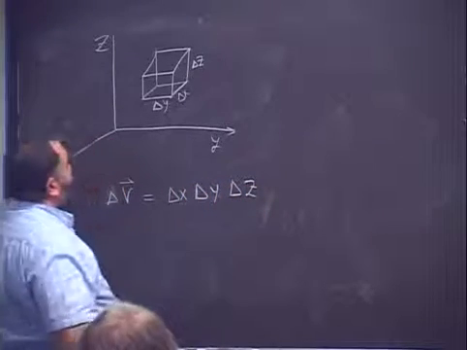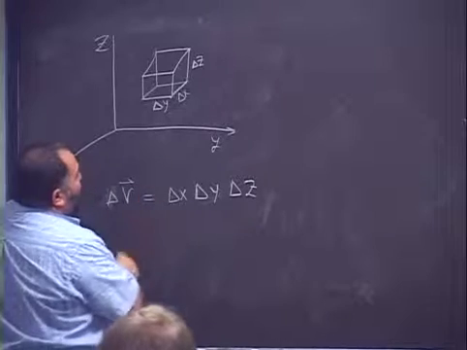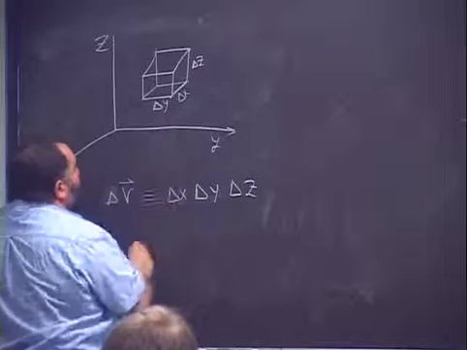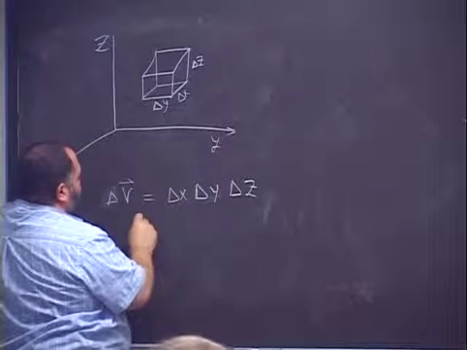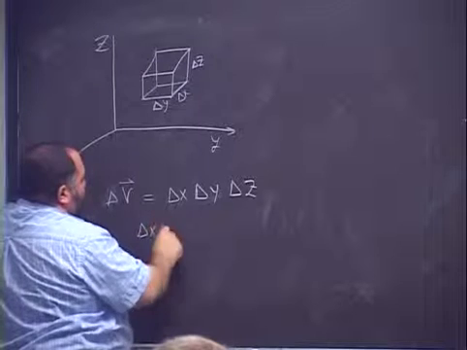If you want to get the unit volume and unit area, it depends on the direction. The unit area in the xy plane, for example, will be delta x, delta y.